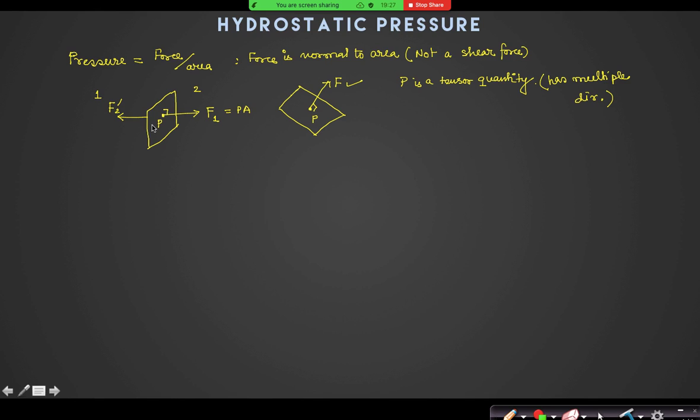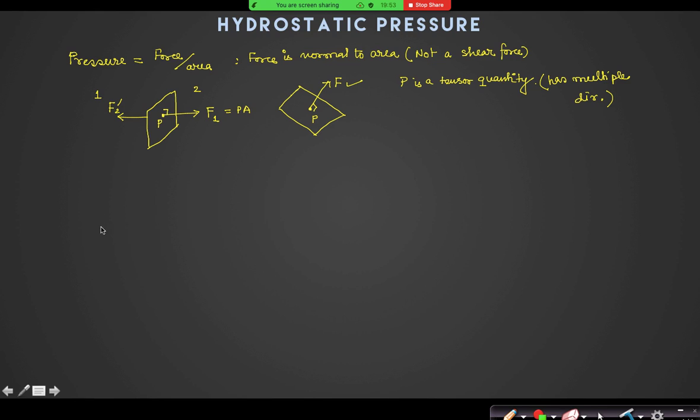We are not actually interested in whether pressure is a tensor or a vector, but we are interested in this force. In this entire chapter, we find pressure because we have to find the force. So let us now calculate the pressure at any point inside a fluid at rest. I'm talking about hydrostatics, remember.